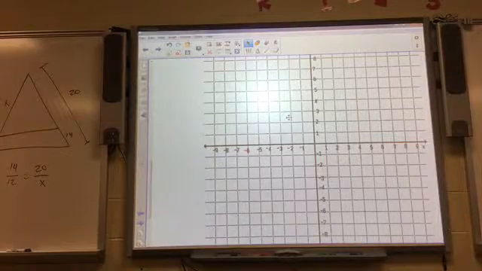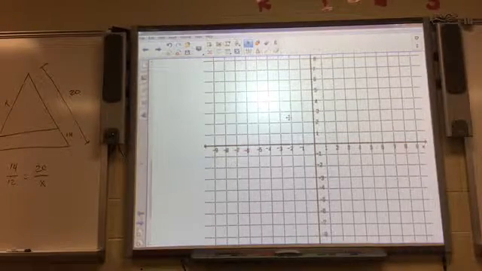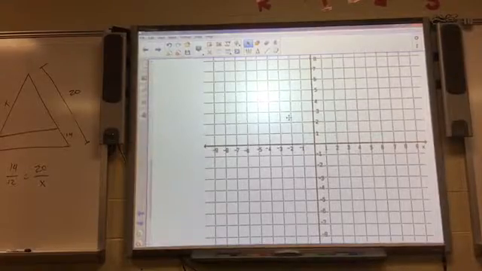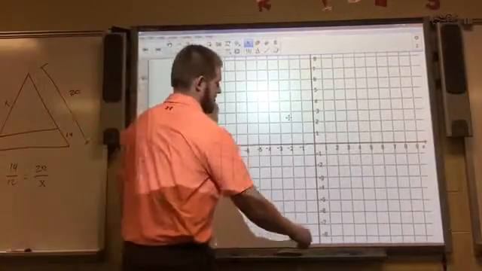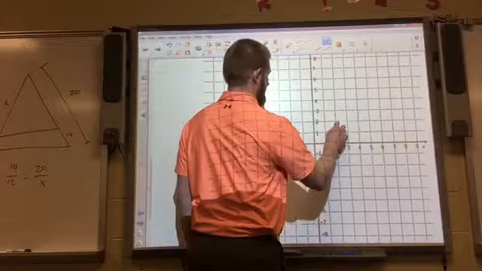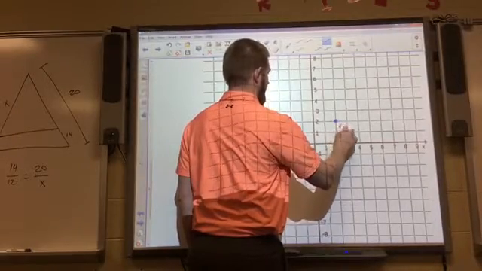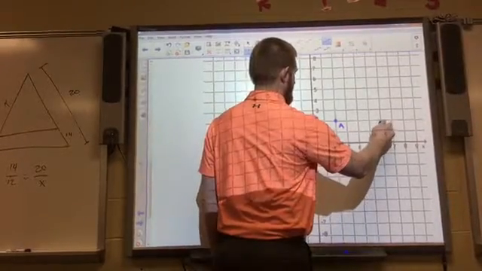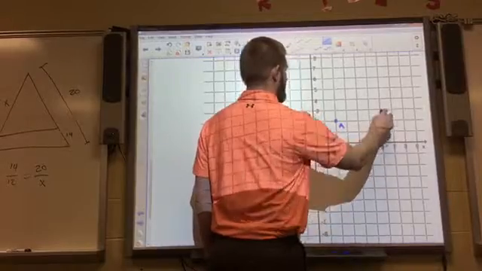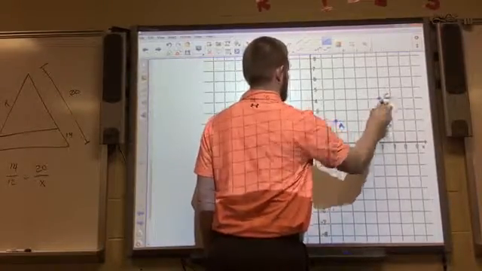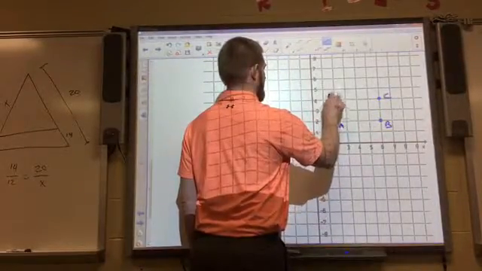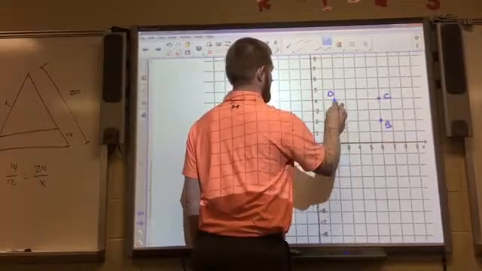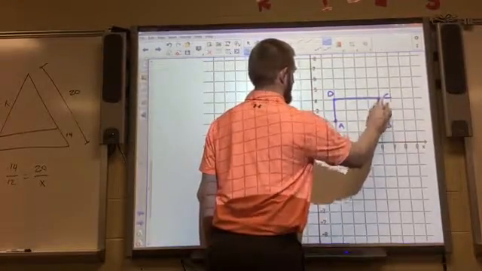Alright, so they give us 4 points. They give us 2, 2 for point A, 6, 2 for point B, 6, 4 for point C, and 2, 4 for point D. Okay, so we have a rectangle.